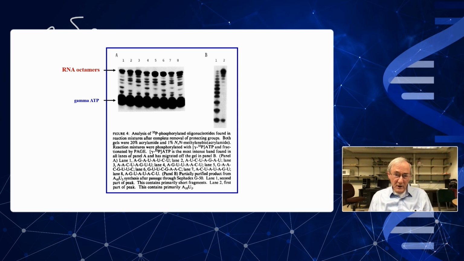So one day when he was on sabbatical in my lab, he was running a gel of oligomers, and he likes to get as much data out of a gel as possible. So he runs two sets of samples on one gel.